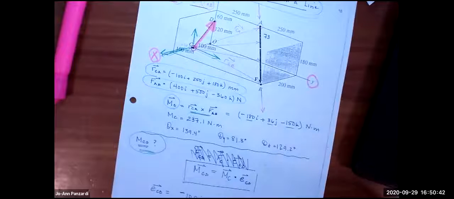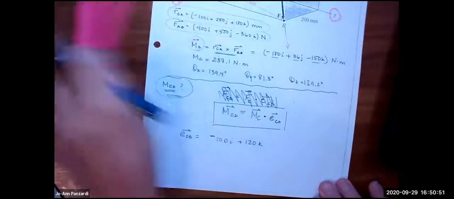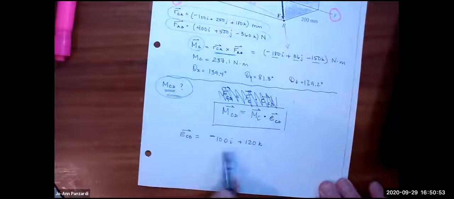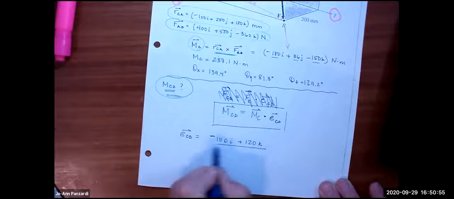Now, is this the unit vector? No. You're right, this is not the unit vector. This is just the distance vector. So what do I have to do? I have to divide it by what, Colin? You square each one, then add them, and then find the square root of that. Right.